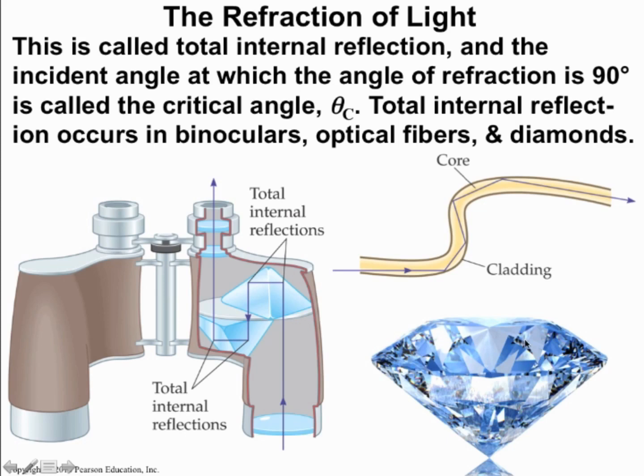And it might get trapped in there, bounce around a few times, and then exit. But this is what causes diamonds to look like they're sparkling, because there's actually light at every moment just trapped inside the diamond, bouncing around with total internal reflections before it finally reaches a face that it can escape from.